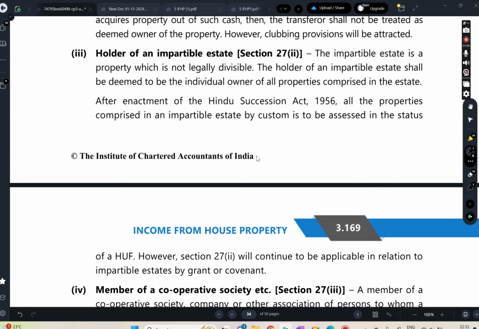Next, the holder of an impartible asset, which is not legally divisible. Let's say A, B, C are there, as under the Hindu Succession Act.